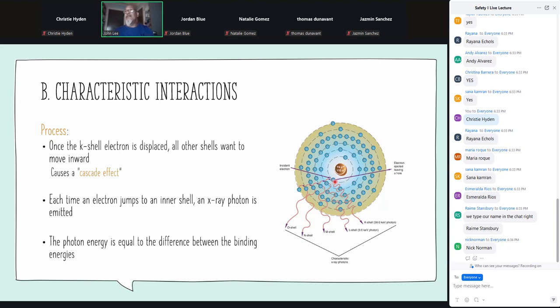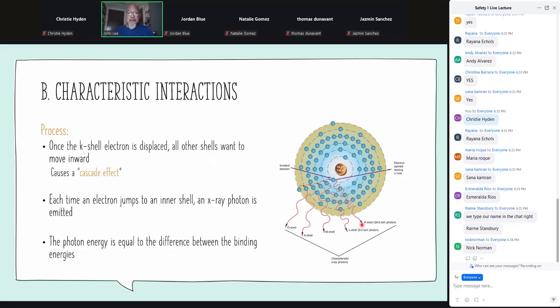The binding energy for the K shell is 69.5. So the characteristic X-ray that is emitted from that drop is 69.5 minus 12. Okay. So 69.5 minus 12 is 57.5, right? 57.5?